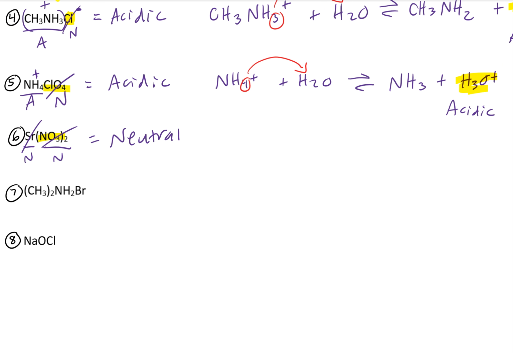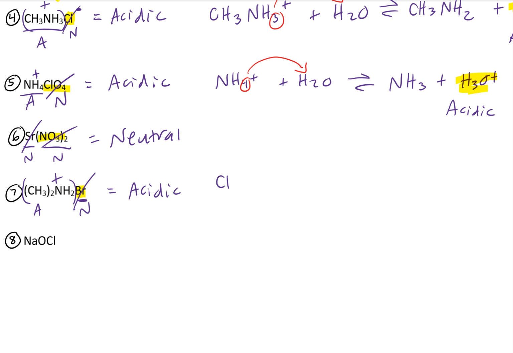Number 7, you have bromide here at the end. And so all of this at the beginning must be your positive ion. It's not part of anything strong, so that positive ion is going to be acidic. Bromide is part of a strong acid, hydrobromic acid, HBr. So this part is neutral, you ignore it. So an acid plus a neutral ion equals an acidic salt solution.